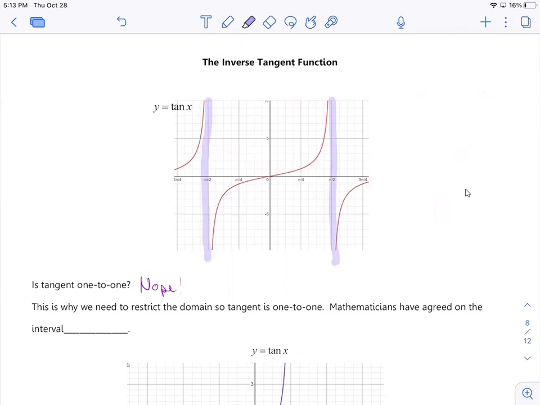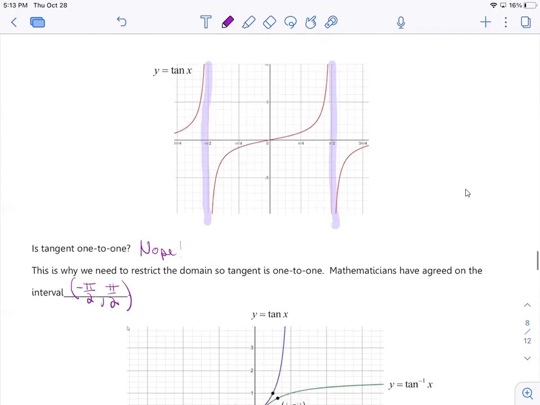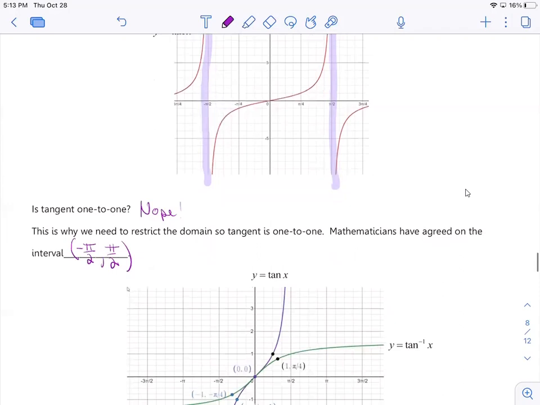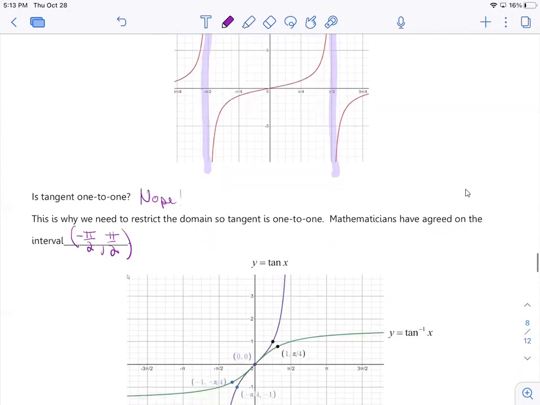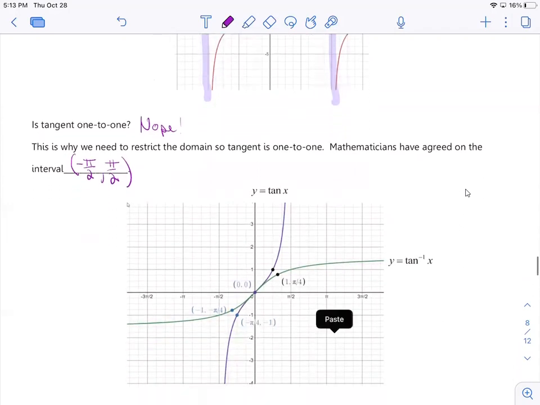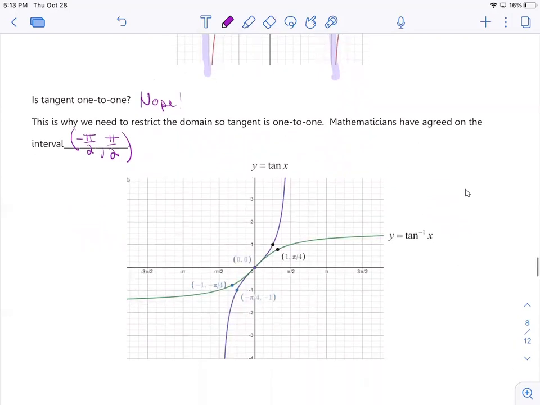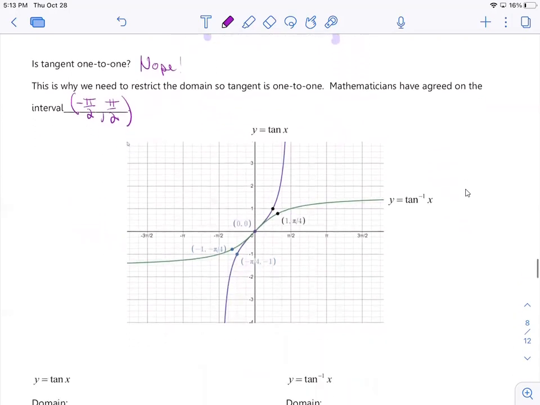However, the input cannot be negative pi over 2 or pi over 2 because that's where tangent is undefined. So instead of brackets, we use parentheses. It can get really, really close, but it can't be exactly that. So we just look at that interval from negative pi over 2 to pi over 2, and that is how we end up getting that green graph, which is our inverse tangent.